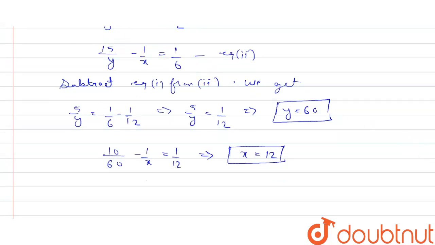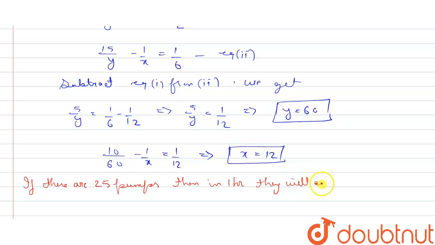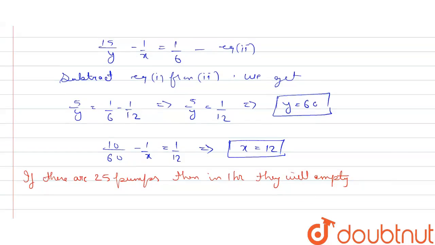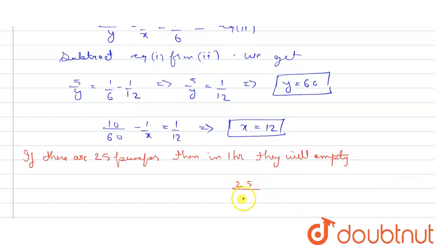Now it is given that there are 25 pumps. So if there are 25 pumps, then in 1 hour they will empty 25 upon 60 minus 1 upon 12, it is coming to be 1 upon 3 tank.